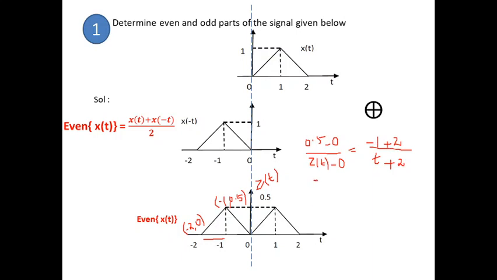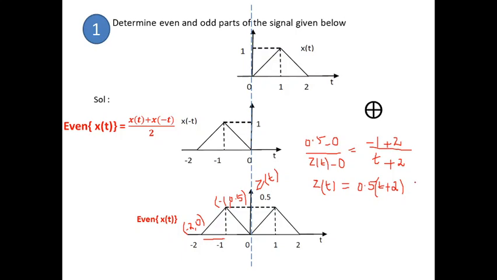So z of t. Right? Z of t is equal to 0.5 into t plus 2. You can try it out by yourself. Right?